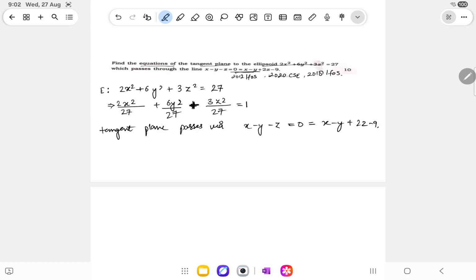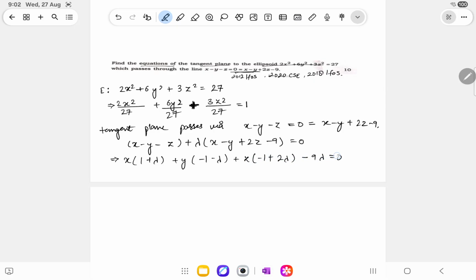So the equation of any plane passing via these lines will be of the form x minus y minus z plus lambda into x minus y plus 2z minus 9 is equal to 0. So if I simplify it, I'll get x into 1 plus lambda plus y into minus 1 minus lambda plus z into minus 1 plus 2 lambda minus 9 lambda is equal to 0. So let us name this as star.